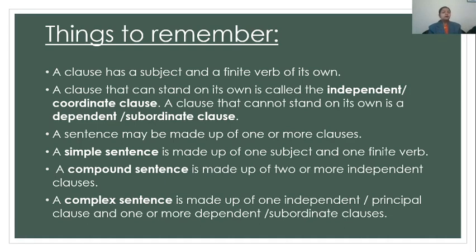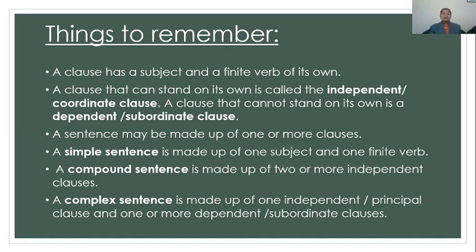Once again you have to revise the verbs, their types, under that finite and non-finite, and then you will learn the coordinating conjunctions, because coordinating conjunctions help in joining the independent clauses only, means they are used in a compound sentence only.